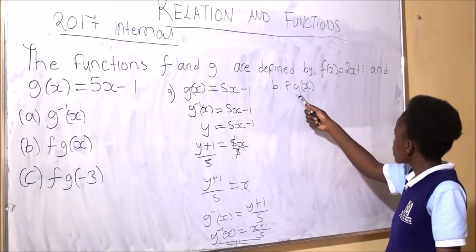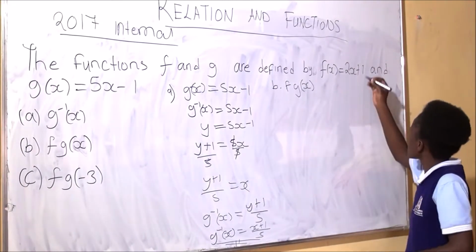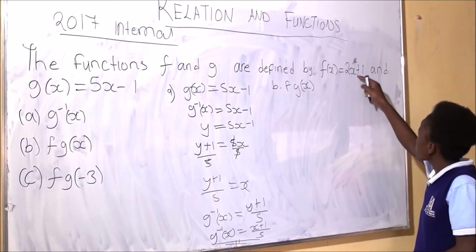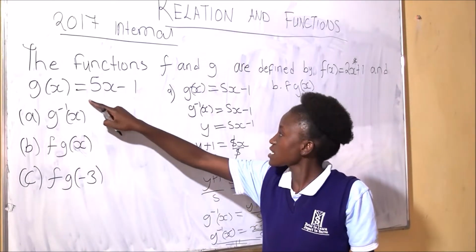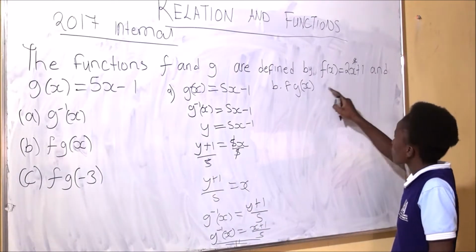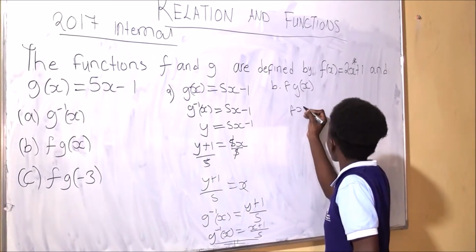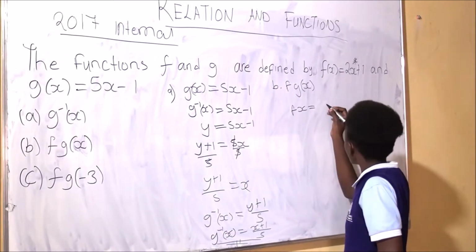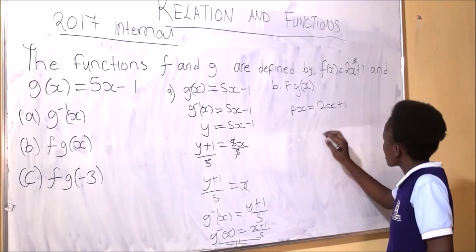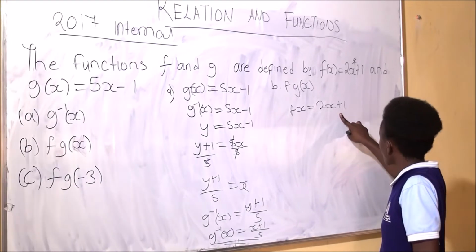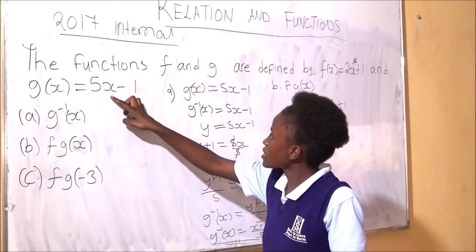To find f of g of x, we get the function f of x, and replace where there is x by putting g of x in this function. So we bring down our f of x, which is 2x plus 1. Then in the same function, we replace where there is x by putting 5x minus 1.